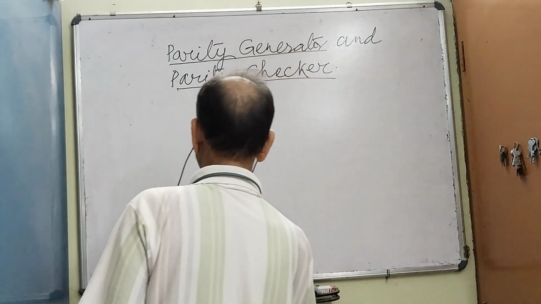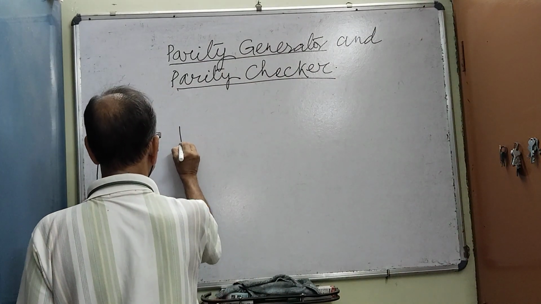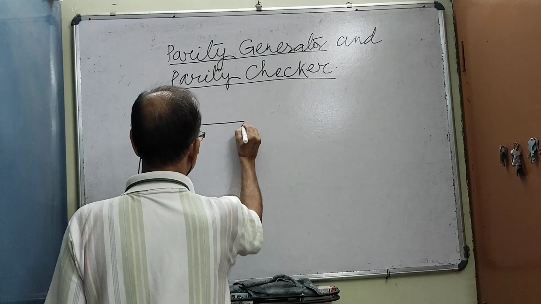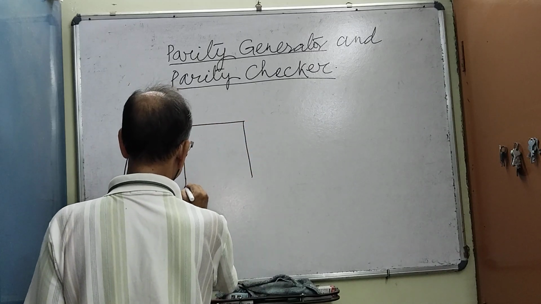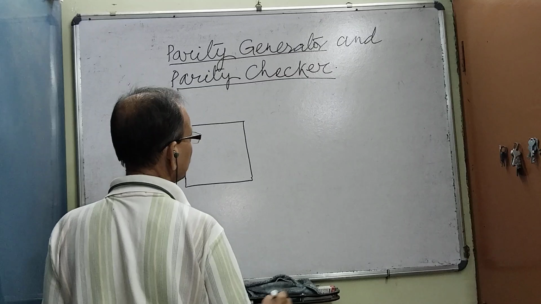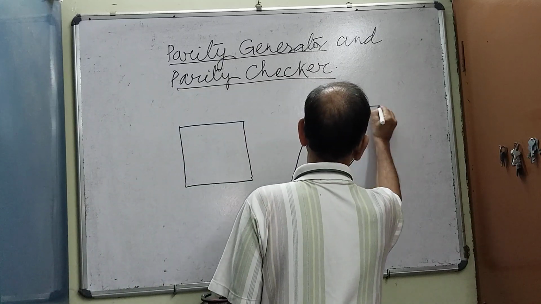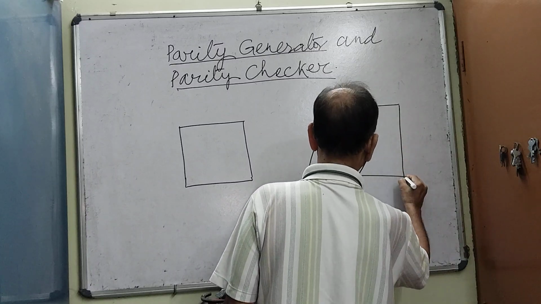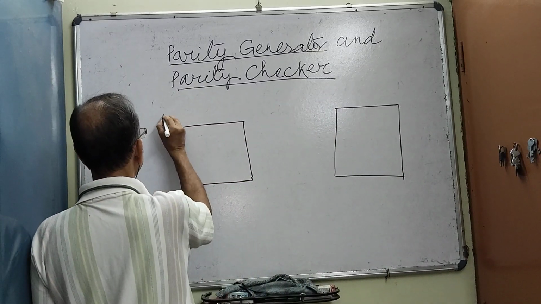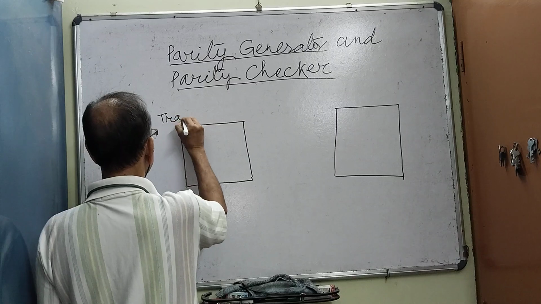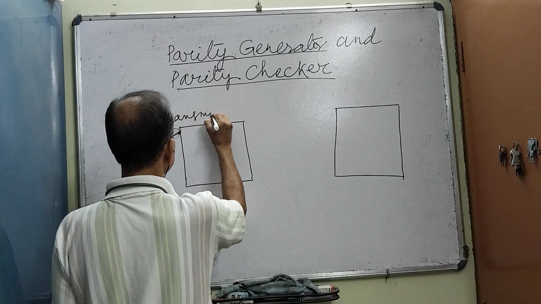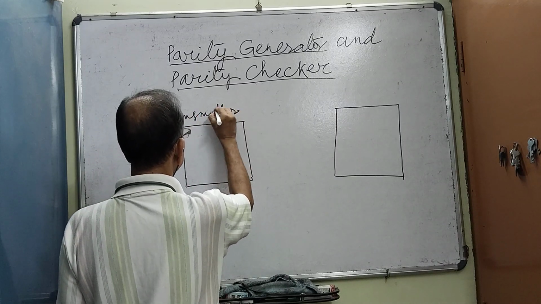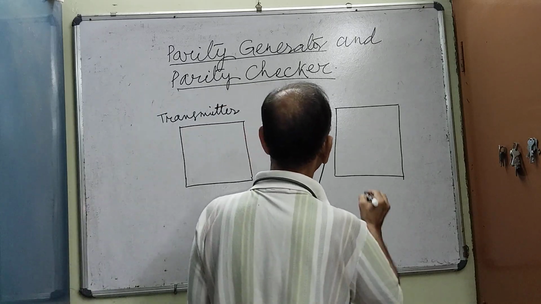Suppose this is the transmission zone and this is the receiver zone. So this is the transmitter, and this is the receiver.